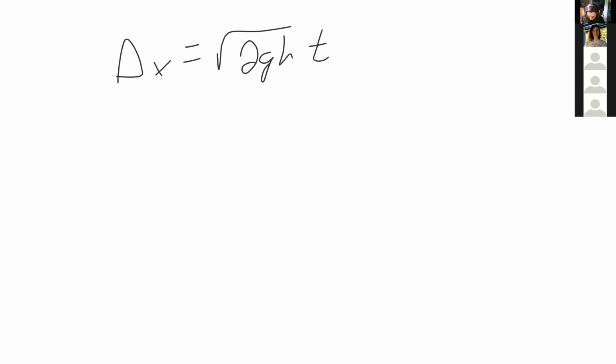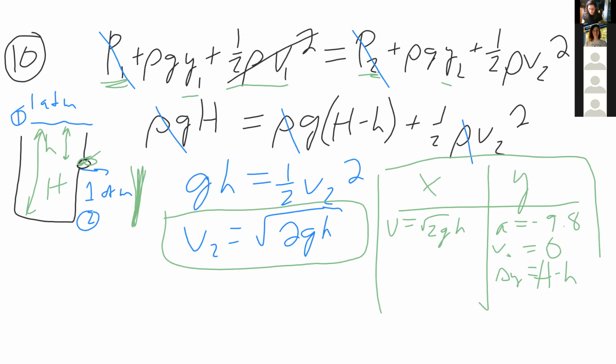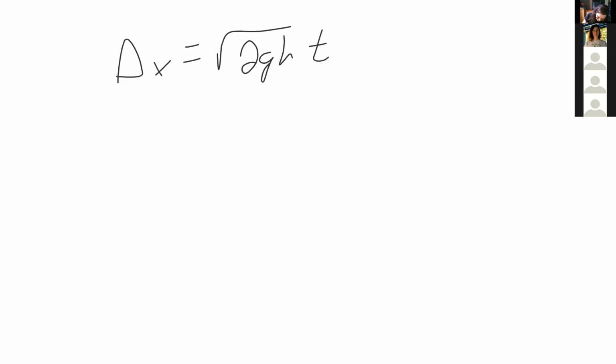And then I would get a delta y equation that's going to be big H minus little h. Actually, that should be negative out in front of that whole thing too. So it'd be little h minus big H is equal to negative 1/2 g t squared.